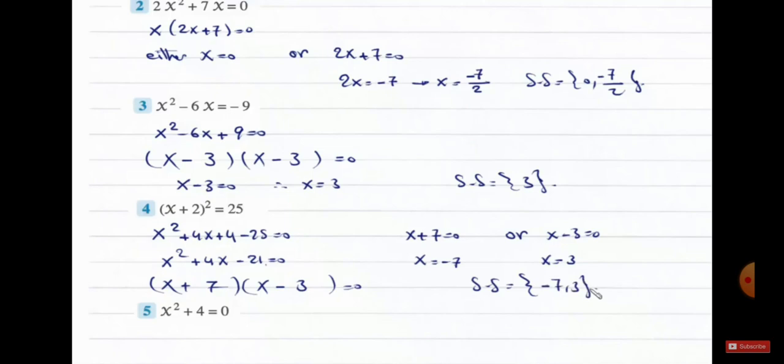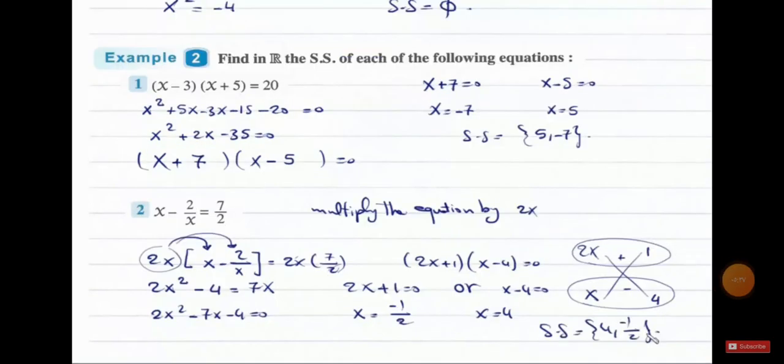Then x² + 4x - 21 = 0. By factorization by scissor, (x + 7)(x - 3) = 0. Then maybe x + 7 = 0, so x = -7, or x - 3 = 0, then x = 3. Then the SS equals {-7, 3}.